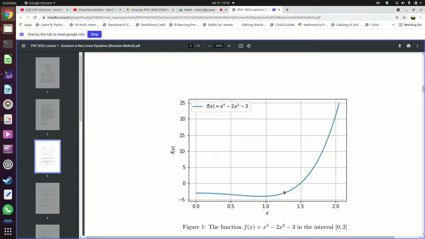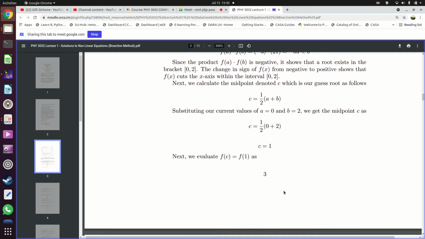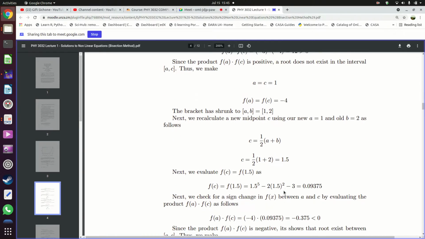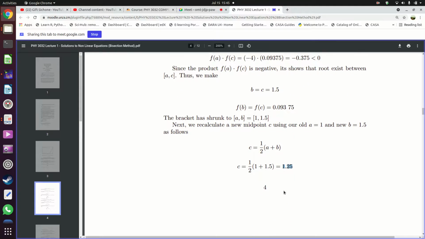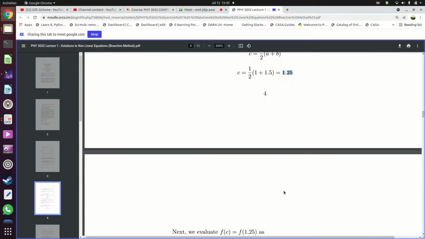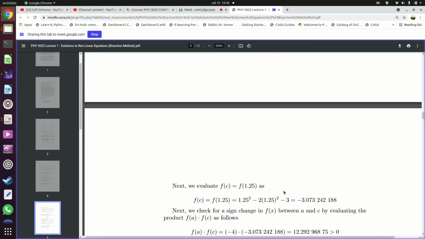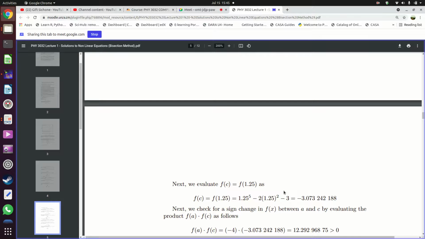With this midpoint, C equals 1.25, you check what the value is between C, which is 1.25, and A, which is 1, whether the function crosses the x-axis. And how do you do that? The first thing you have to do is find out what is the value of the function at the midpoint.